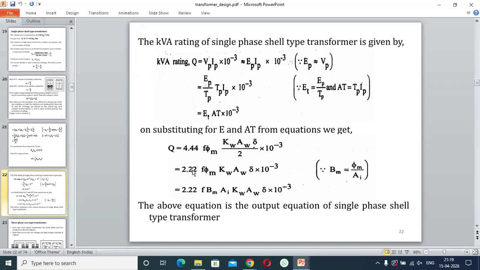So this gets divided by 2, so it will become 2.22 f phi m KWAW delta multiplied with 10 power minus 3, and finally it is going to come 2.22 f Bm Ai KWAW delta multiplied with 10 power minus 3. So the above equation is the output equation for shell type of the system.